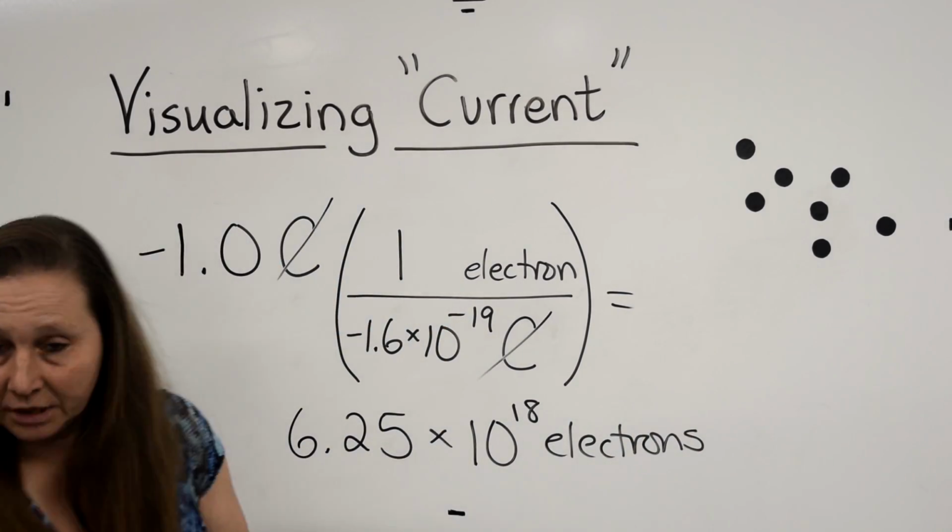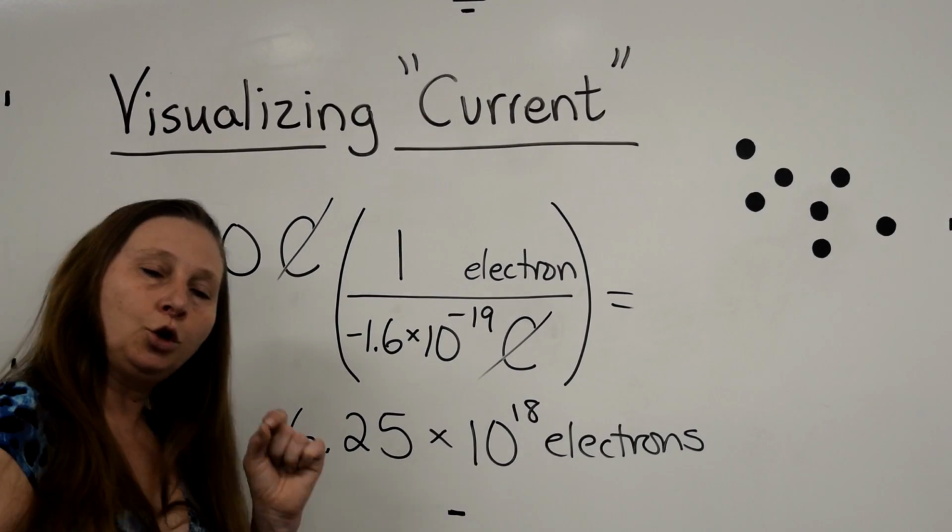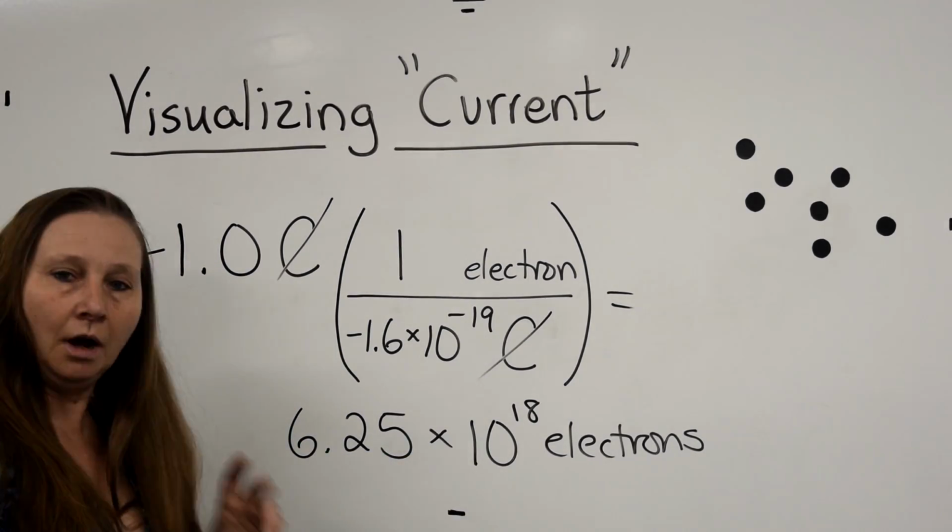Wow, that is a big number. 1 coulomb is a lot of electrons.